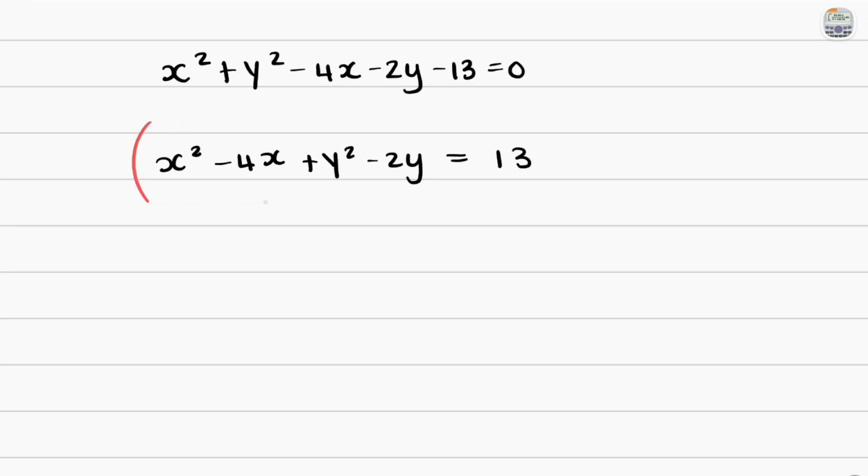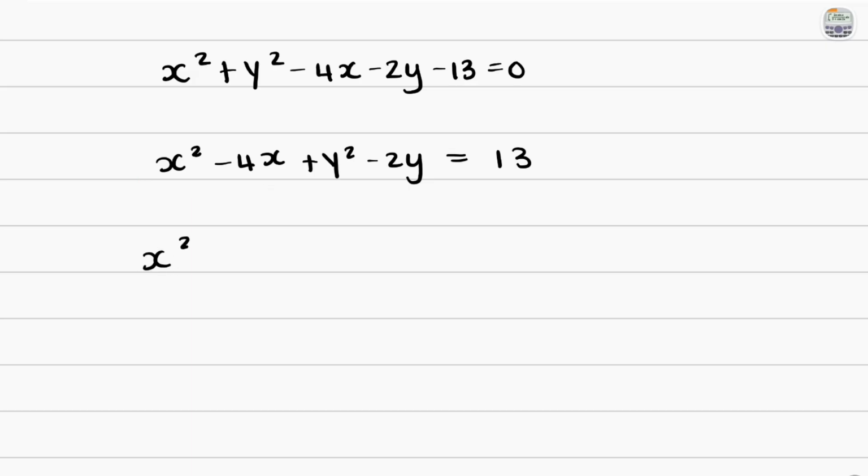With these, okay, we're looking at this alone, and we're going to complete the square on each of these, the ones in terms of x and the ones in terms of y. So we're completing the square on this part. You see that you have to take the coefficient of x, which is -4, and then you multiply that by a half, or you divide it by 2. So -4 divided by 2 is -2.